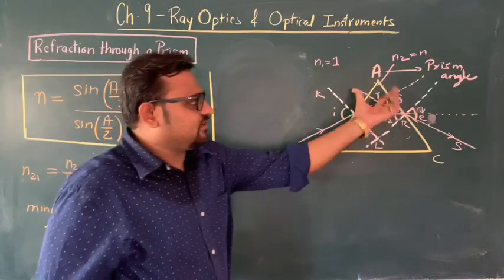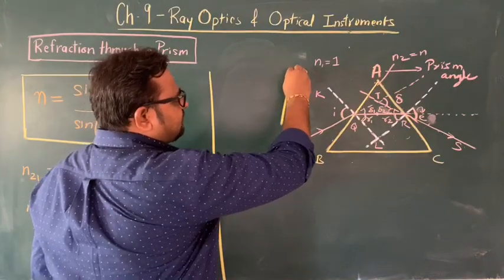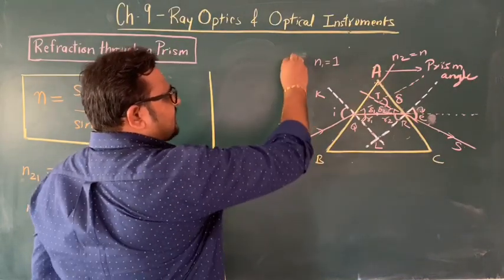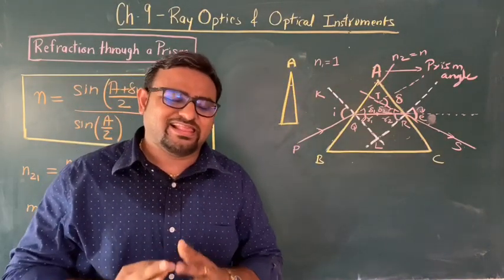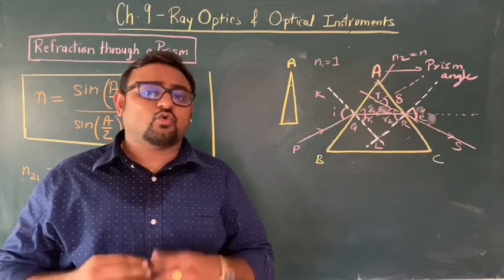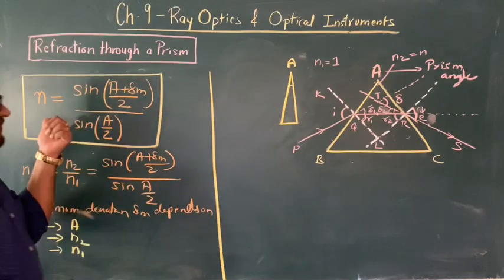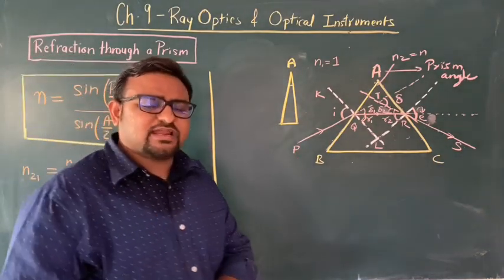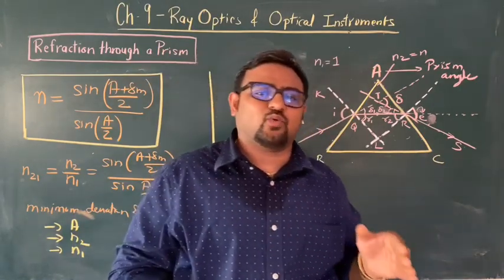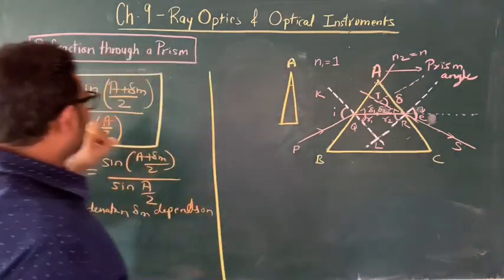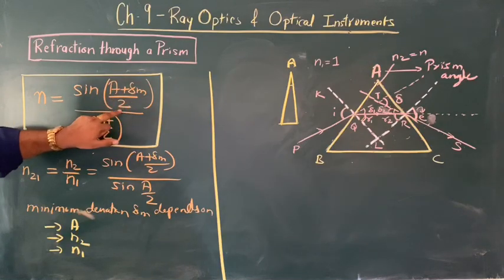Now if I take a thin prism, clear? Now see, this is the angle of prism, it's larger. But if I take a thin prism, means where the angle of prism is very small, what will be the formula for refractive index in this case? Now we know that when angle is very small, sin theta equal to theta. So in this formula, instead of sin (A plus delta m by 2), I can write A plus delta m by 2, right?